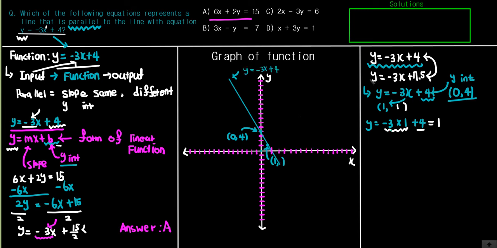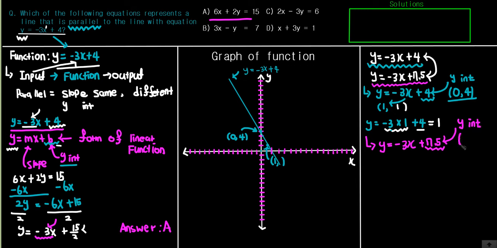Let's think about our second function, y is equal to negative 3x plus 7.5. So if you write it down, it is y is equal to negative 3x plus 7.5. Before we calculate our coordinates, we can know one thing: 7.5 is a constant, which means it is the y-intercept.